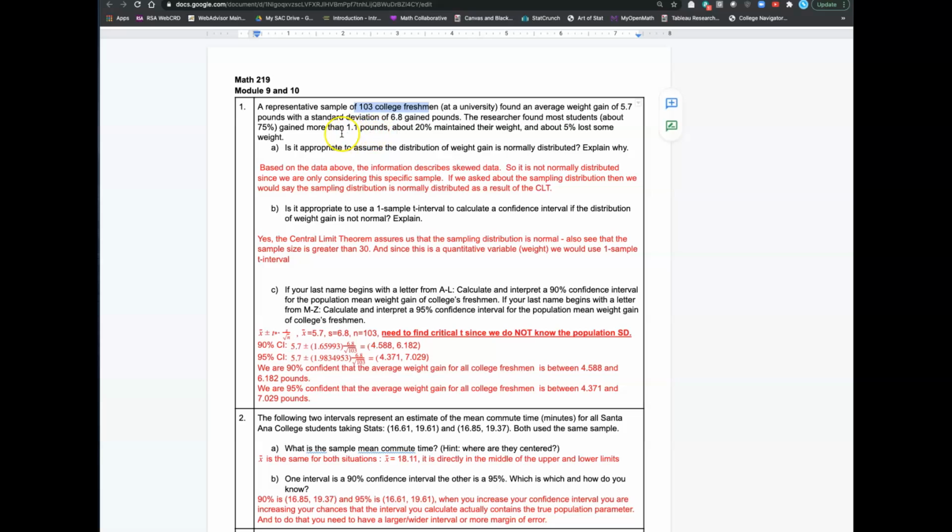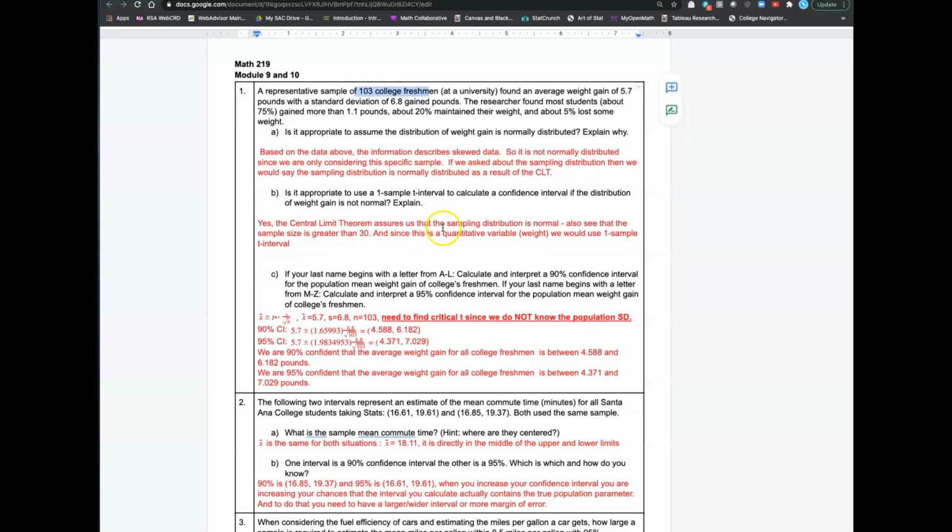If you think about that, if you had an x-axis with weight gain, loss, right? Negative, positive, 0, you would see that it's not normally distributed, right? It's kind of skewed to the 75% in one space, and then a little bit of a weight gain and a little bit less of loss. So it's not normally distributed.